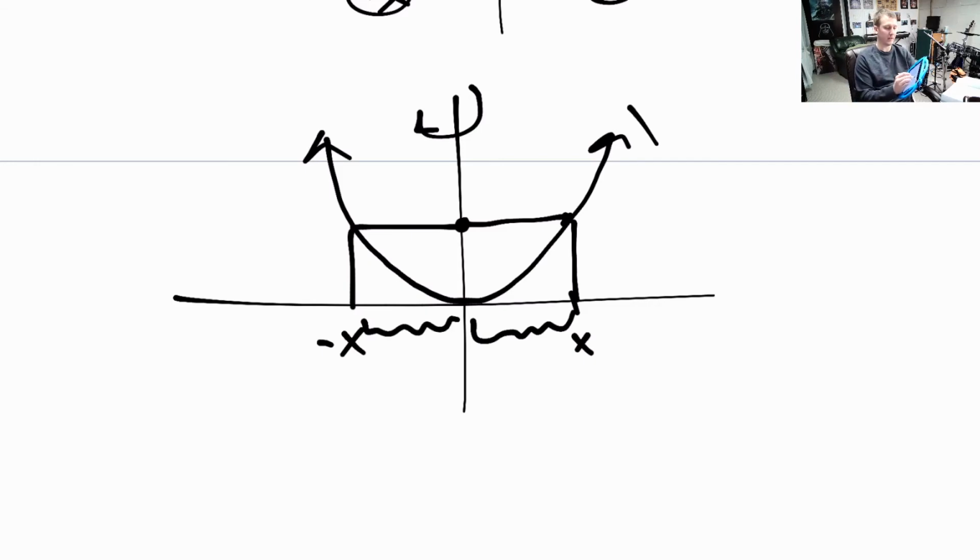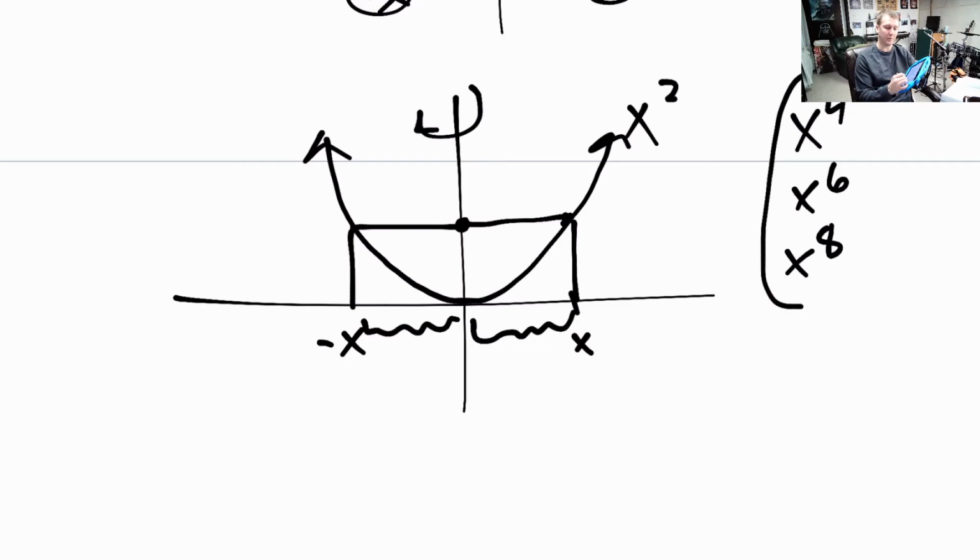This is a graph of x squared. I could graph actually any x to the 4th, x to the 6th, x to the 8th. These are all even functions. And the powers on those variables tell you that. They're straight up even functions. Graphically, you're just looking to see, can you flip it across the y-axis and get the exact same thing? If yes, you've got an even function. If not, then it's not even.